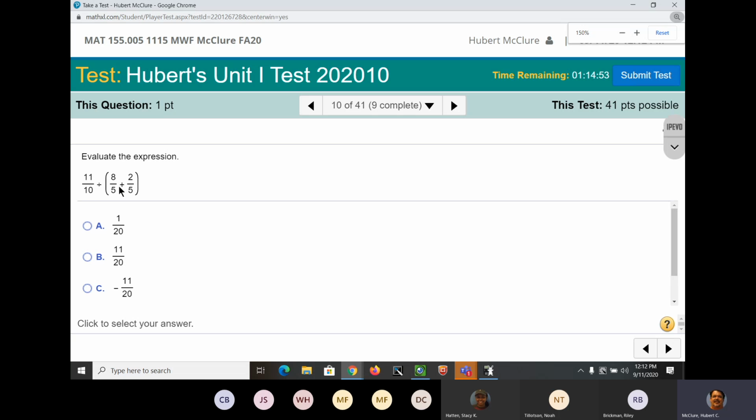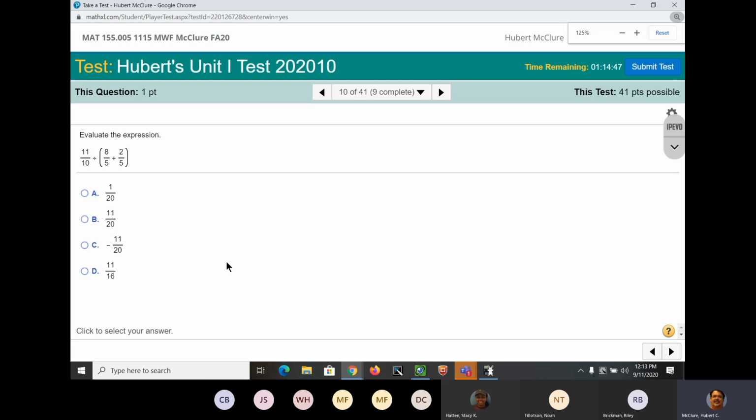So what did I do wrong? Multiply by 25 over 16. You can't divide. The only thing that'll go into 55 is 11 and 5, so that won't go into 32.